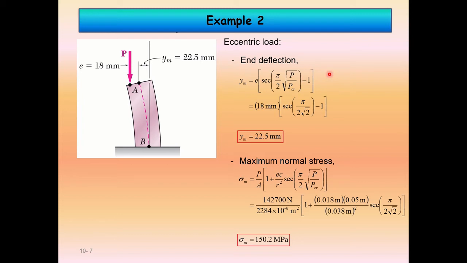Substitute all data to the Y max formula. You can determine the Y max equal to 22.5 mm. To determine the maximum normal stress, this is the formula to determine the normal stress. So using this formula, you can determine the stress maximum.